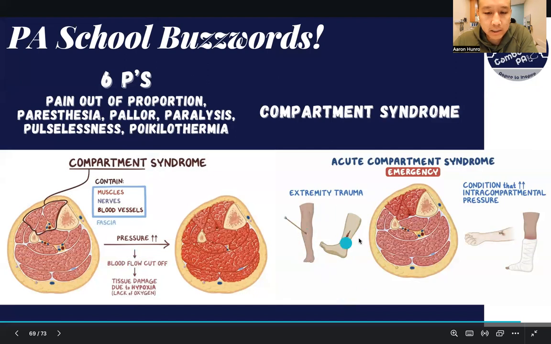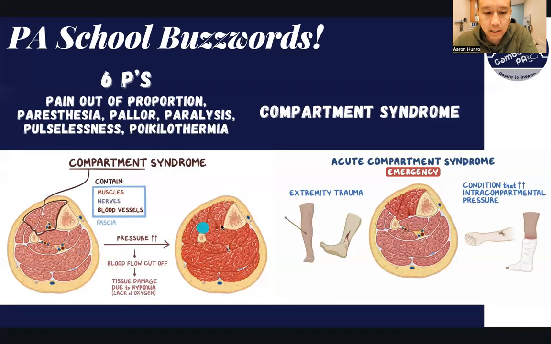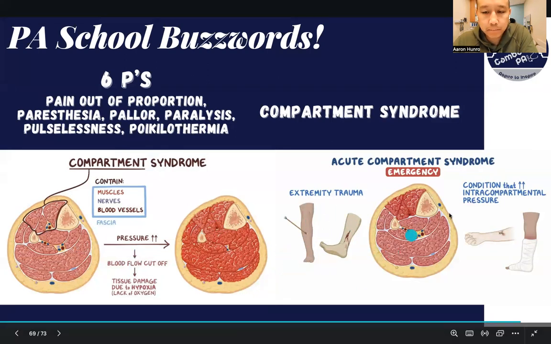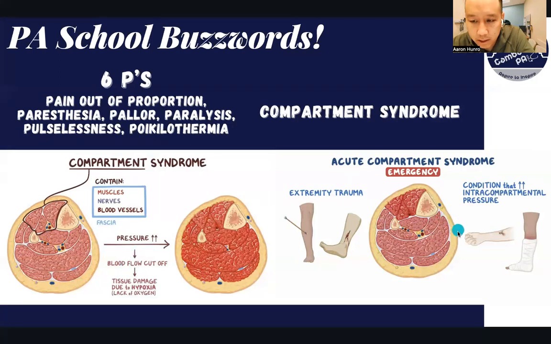So any type of extremity trauma that causes that pressure buildup, they're going to need an acute compartment syndrome surgery. And with this, they have to relieve the pressure within the different compartments.